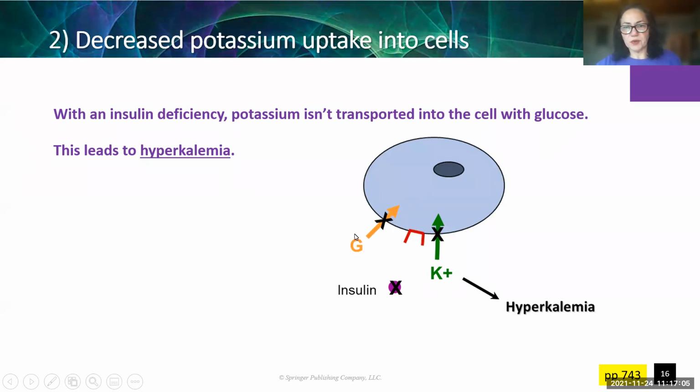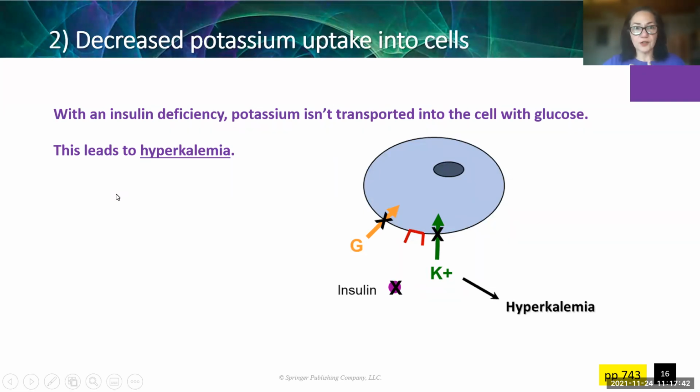We never put the transporters in, so the glucose doesn't come in, but simultaneously, the potassium doesn't come in either. The amount of potassium in the body stays the same, but since it's not getting tucked away in the cells where it's supposed to go, what the patient experiences is hyperkalemia, meaning too much potassium in the blood. The emia part tells you it's in the blood, in the extracellular fluid. And that's going to have some consequences, as we shall see.